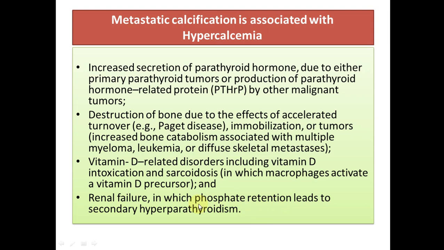When this excess phosphate is available, it will bind calcium. The total calcium level in the body is normal, but the phosphate will catch excess calcium in the form of calcium phosphate, and the resulting hypocalcemia will activate the parathyroid gland to increase the secretion of parathyroid hormone, known as secondary hyperparathyroidism.